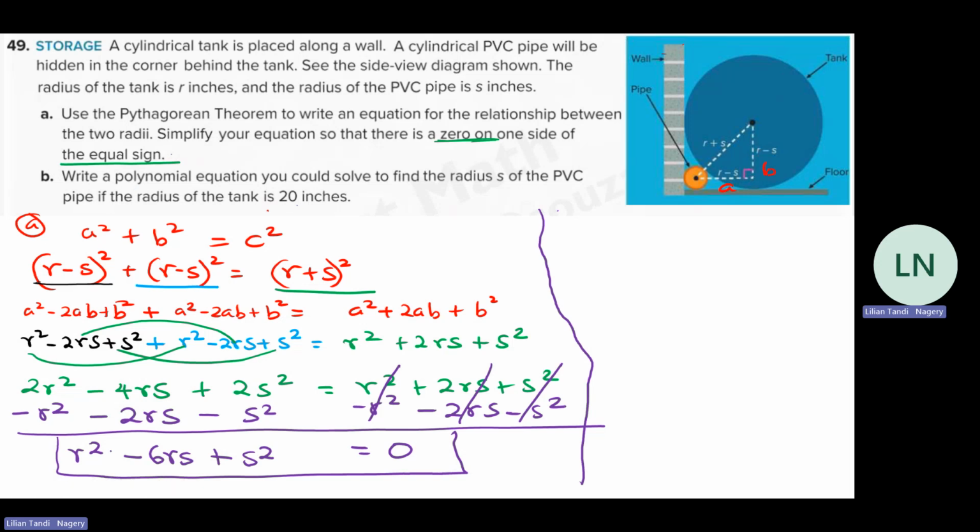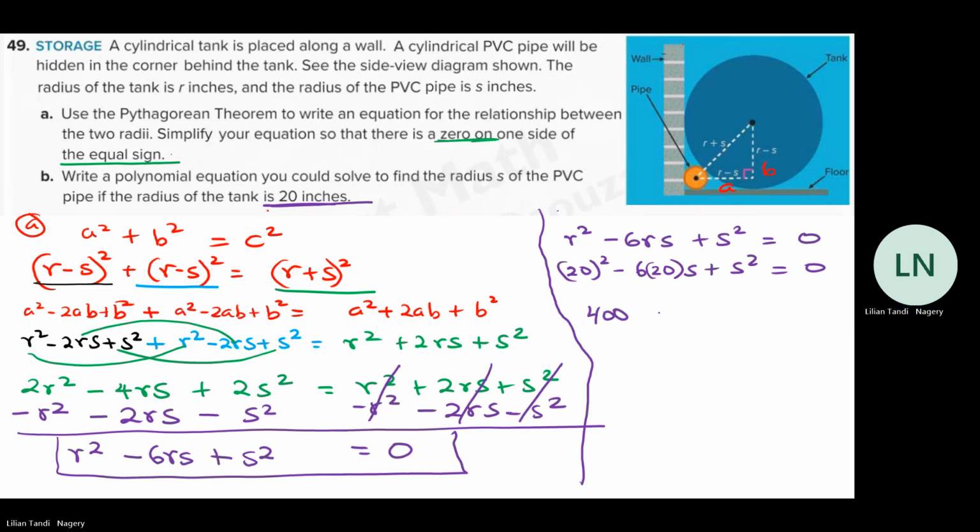We know that r is 20, so r squared minus 6rs plus s squared equals 0 becomes 20 squared minus 6 times 20s plus s squared equals 0.